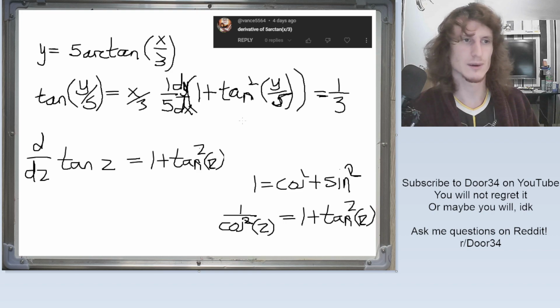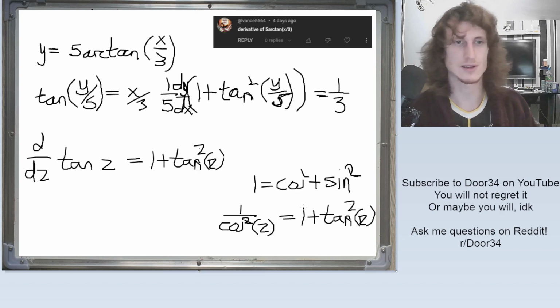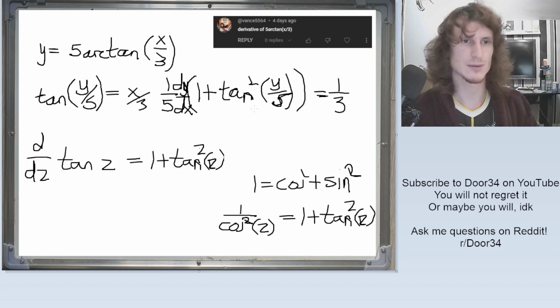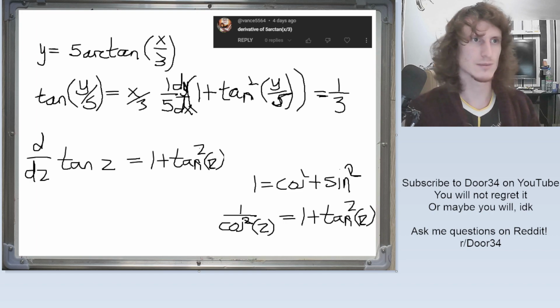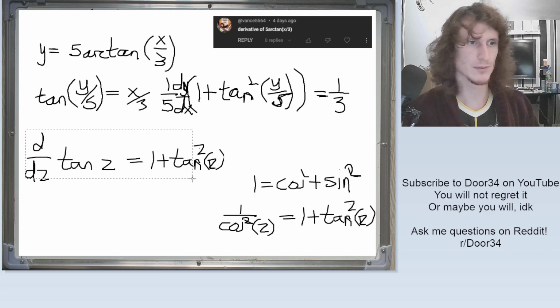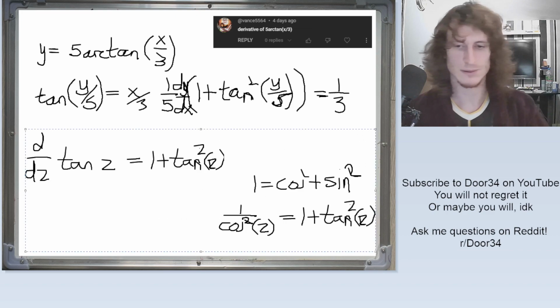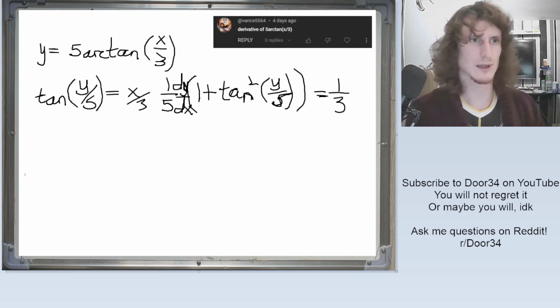So we've got this formula for tan of y, and this is why we worked out this little identity, because notice we've got a tan of y on 5 here, and we know that this is just x on 3. So we're just going to substitute that in.